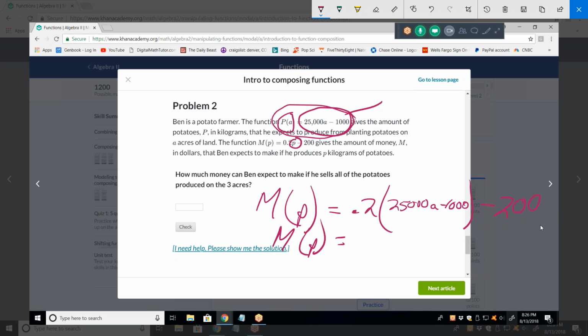So that simplifies, so 5,000 A minus 4,800 minus 200. Well, hold on. I thought you gave me the perfect answer.